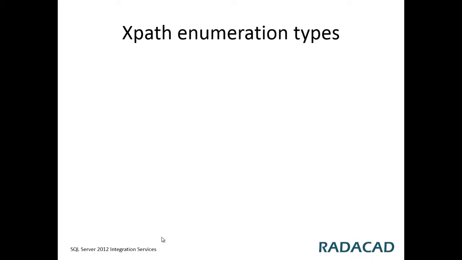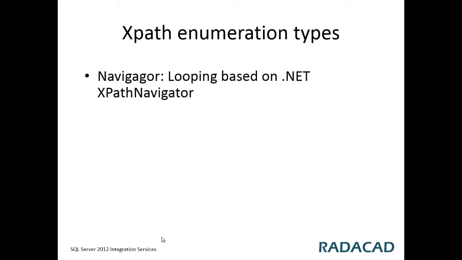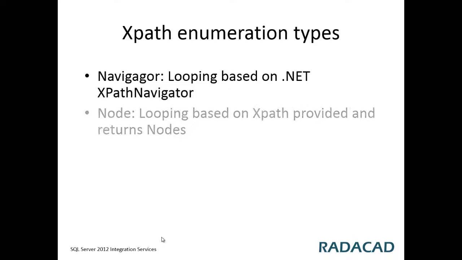In Nodelist Enumerator, we can have four different enumeration types. The first one is Navigator. Navigator works based on .NET XPath Navigator, which uses the .NET object library to loop through an XPath generated list of nodes and attributes.